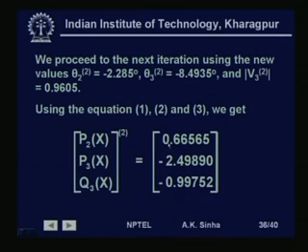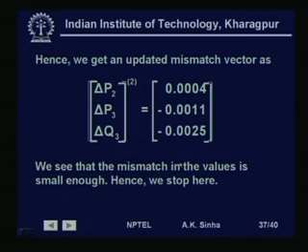That is, P2 with the new values of the voltage magnitude and angle comes out to be 0.66565, P3 comes out to be minus 2.49890, and Q3 comes out to be minus 0.99752.